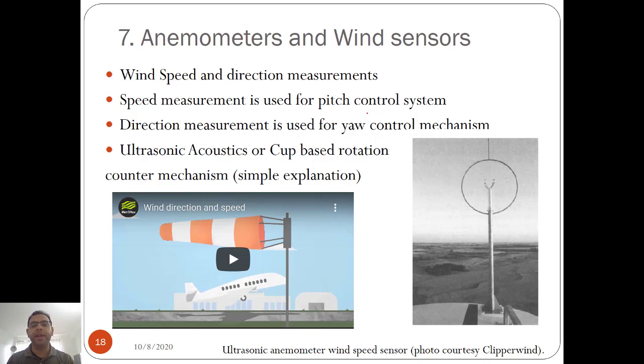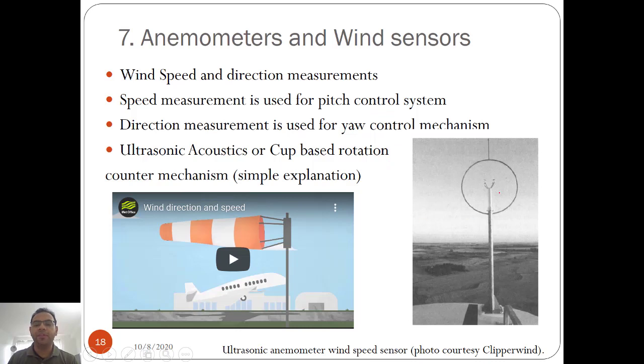So speed and direction measurements are done through it. Speed measurement is used for the pitch control system, while direction, as I discussed earlier, is used for the yaw control mechanism. With the yaw control mechanism, you can change the direction of your whole wind turbine, and with the pitch control system, you only change the angle of the blades.